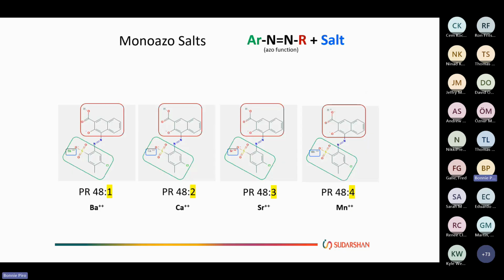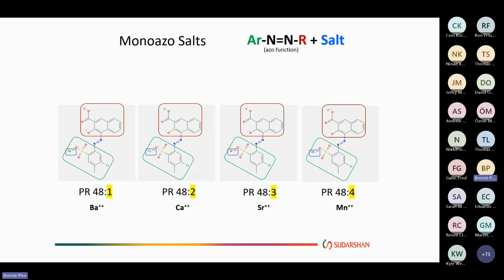Excuse me. The one thing that I always like to take a look at is these monoazo salts and how they are very, very similar in their chemistries. It's just that salt difference that makes a difference in terms of the color space as well as some of the performance properties.